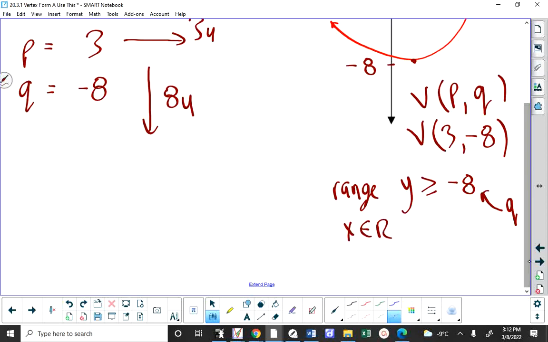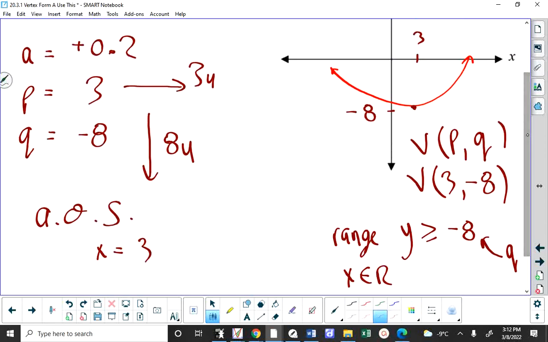The axis of symmetry will be at x equals 3. Let me draw that in. This is the axis of symmetry. What do we put for the minimum? We say there's a minimum that happens at 3, and the minimum has a value of -8.